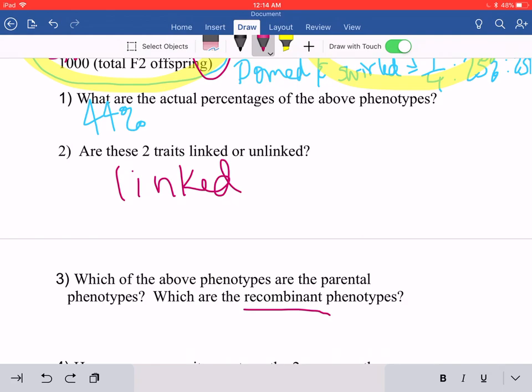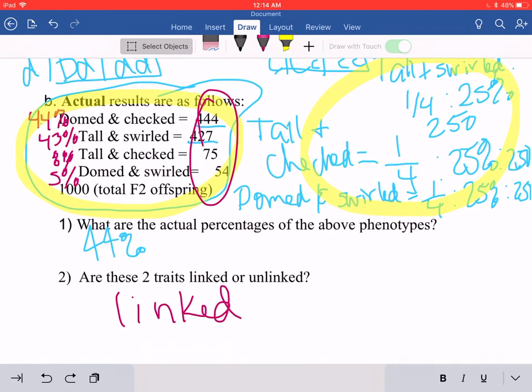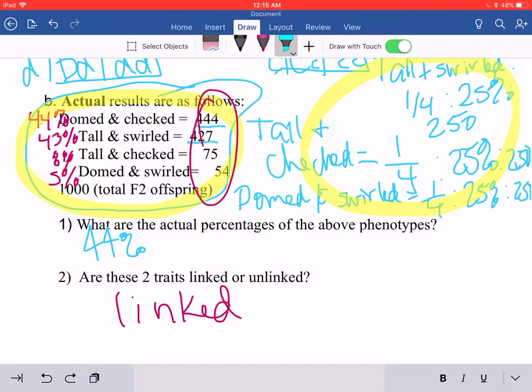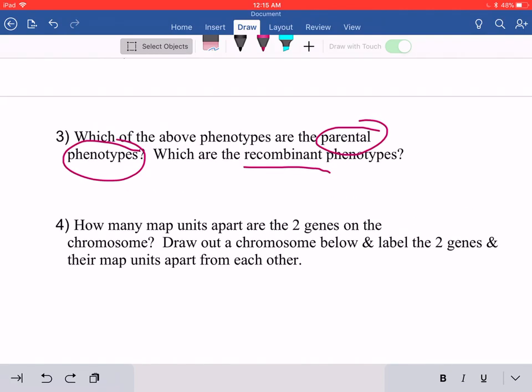The easiest way to go about this is that the parental phenotypes are always going to be those with the highest numbers. So in this case, the domed and checked and the tall and swirled. That's because not a lot of crossing over is going to be occurring between these linked genes, and so the majority of them are going to keep the same combinations that the parents have.